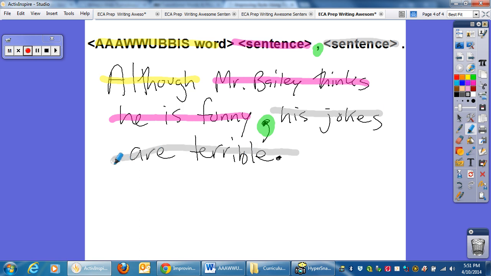The bottom line is if we follow the formula for using an AAAWWUBBIS word to start a sentence, and then we complete the sentence, and then we put a comma, and then we do another complete sentence, it's okay to start sentences with AAAWWUBBIS words as long as we follow this pattern every time.